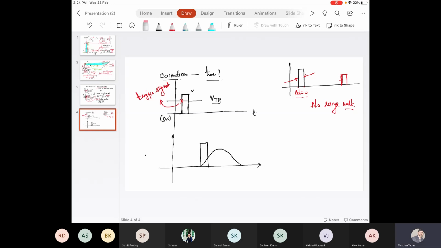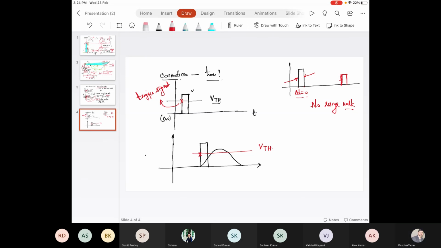A VTH level is defined. So this is level VTH, the threshold level. If we consider the ideal case, then at this particular point the trigger signal has to be generated.